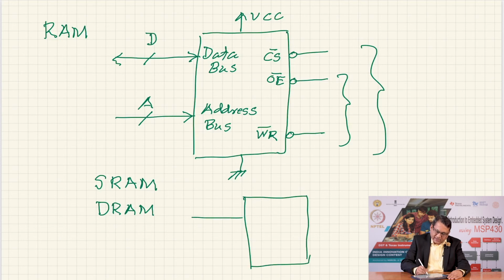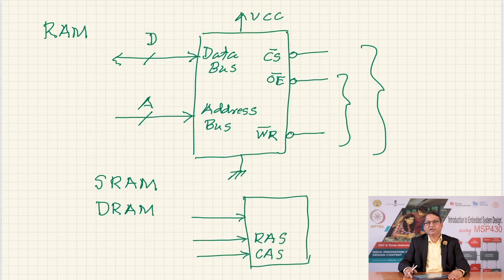The number of address lines is less, and to indicate that you have two signals called RAS and CAS. So it's like the memory is arranged in the form of an array, and first you supply the row address, then you supply the column address using the same address lines, and so the number of address bits required to access this memory is reduced, and you also need to frequently refresh the contents, otherwise it would lose the contents and therefore be useless as a RAM.